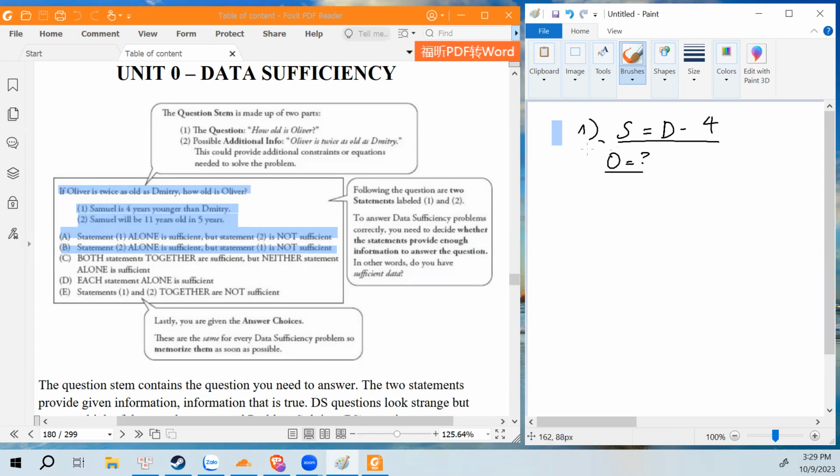We don't know how these two ages relate to Oliver, so we don't really know how to calculate Oliver's age here. So it's not sufficient. For statement 2, Samuel will be 11 years old in 5 years. So Samuel's current age plus 5 equals 11. So then we can find Samuel's age.